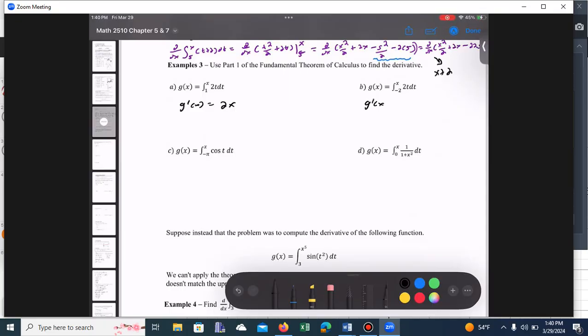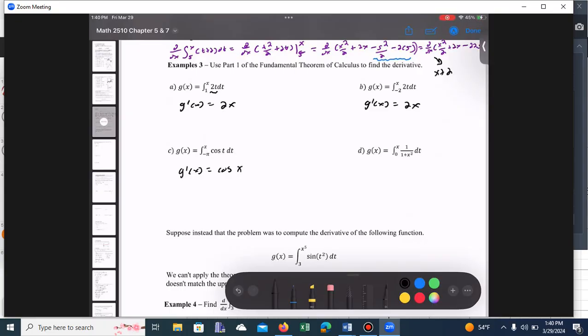G prime of x is equal to 2x. We're really just taking that small little part and putting the x in there. G of x equals the integral from negative pi to x of cosine t dt. Then g prime of x equals just the cosine of x.